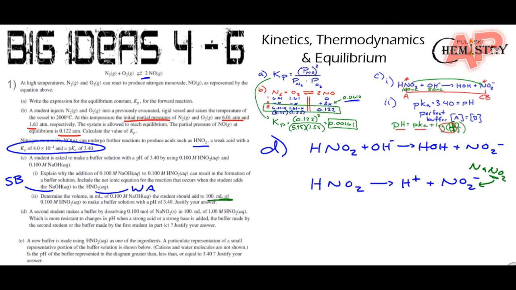I had equal amounts of the HNO2 here, and then it drove it to the right, and then you made some more NO2 minus on this side. Whereas it says determine the volume. So basically you had 50 mils of each. We haven't done the moles, but it ended up being 100 mils, and then 50 mils from the NaOH drove it to the NO2 minus.